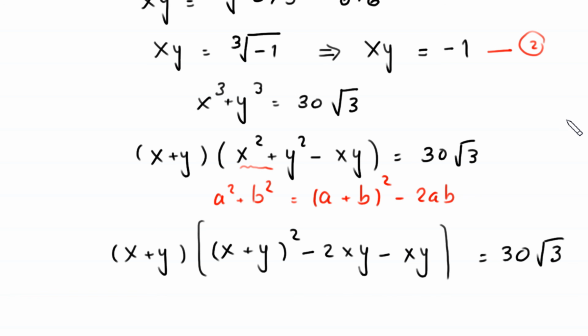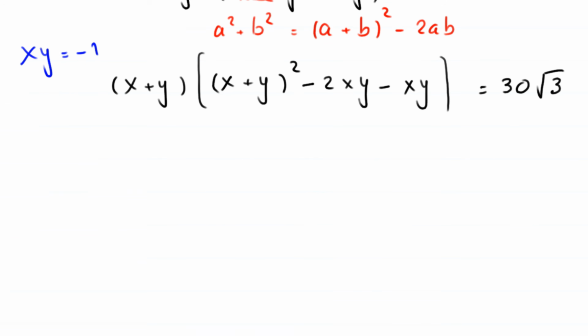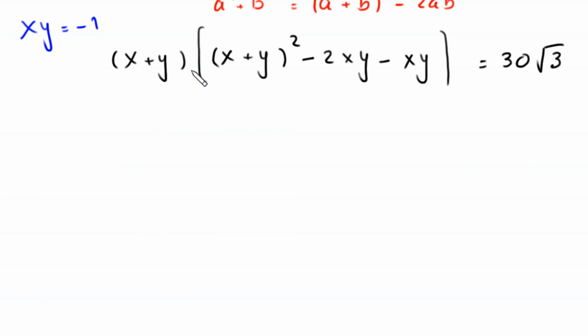And from equation 2 we remember that x times y equals negative 1. Further simplifying, this will become x plus y times x plus y whole squared.